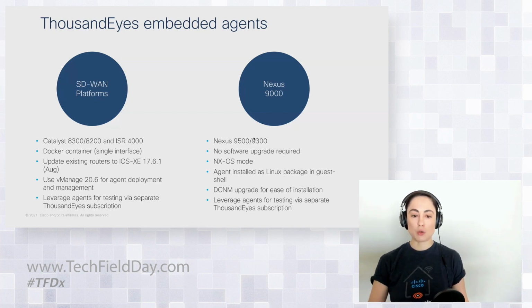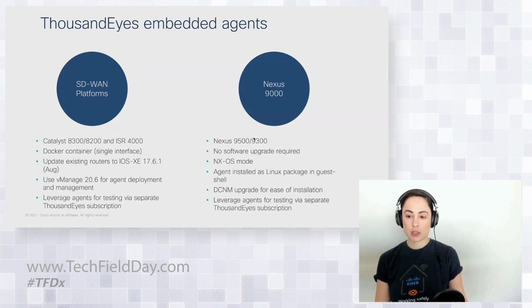You'll bind the agents to your account, and then you can use it to run active tests from that particular agent. The Nexus 9K, I'm not going to touch on this too much. It's going to be coming a little bit later this year around the October-November timeframe, but you won't need to upgrade in order to take advantage of it. You'll be able to just deploy it once that's available.